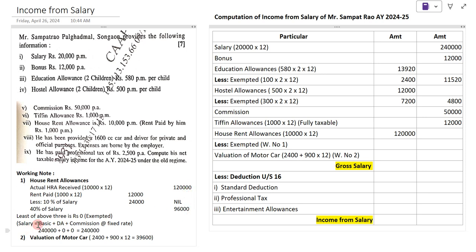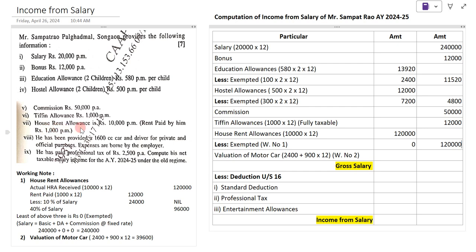So hence the second point, that is nil, is the exemption, because of which the entire house rent allowance is taxable. So 1,20,000 minus 0, 1,20,000. Okay.